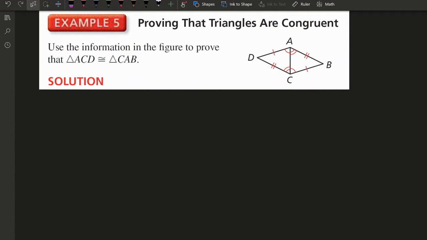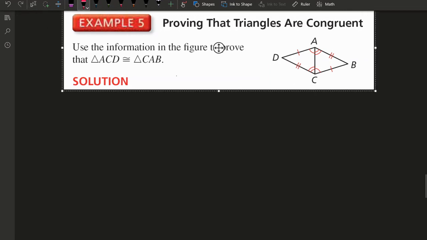In order to show that triangle ACD is congruent to CAB, I'm going to need to prove that 3 sets of corresponding sides are congruent and 3 sets of corresponding angles are congruent. So, I can go ahead and start writing that out. So I've got my proof here.